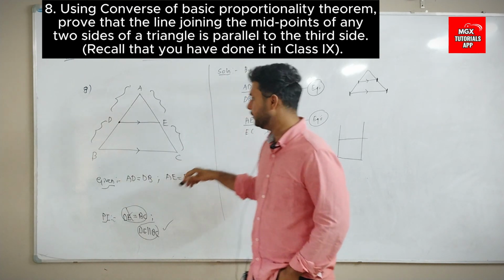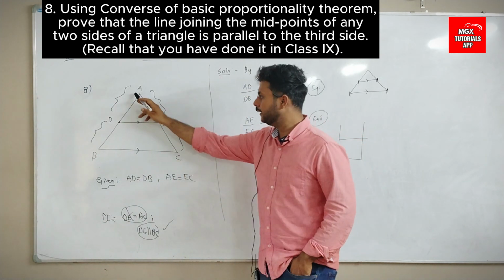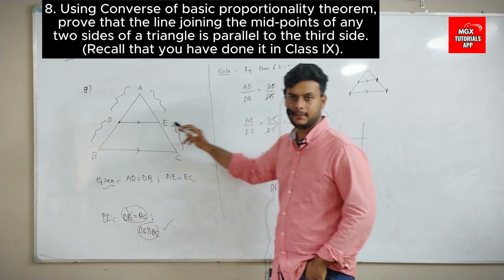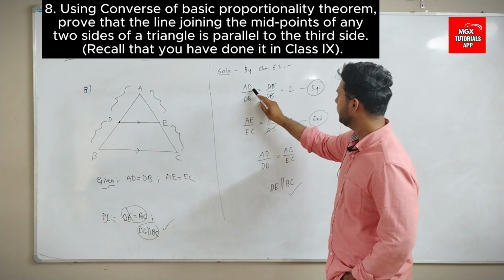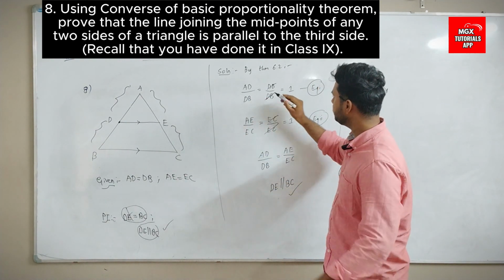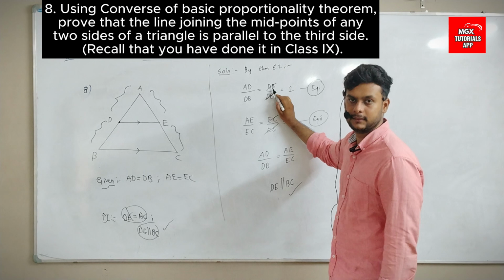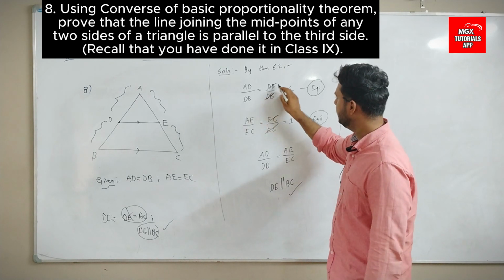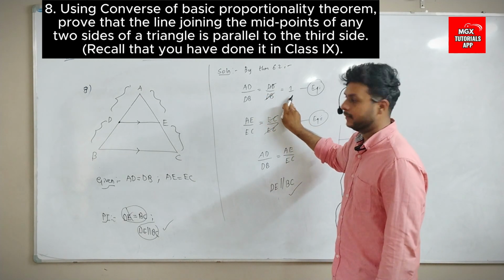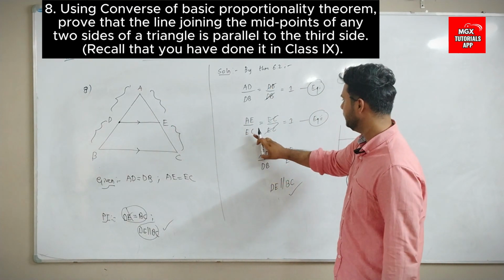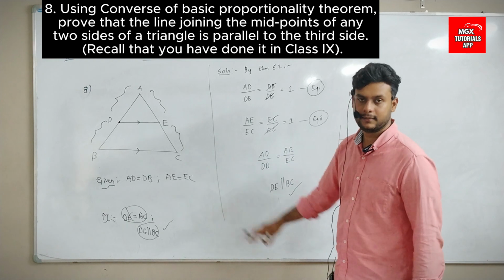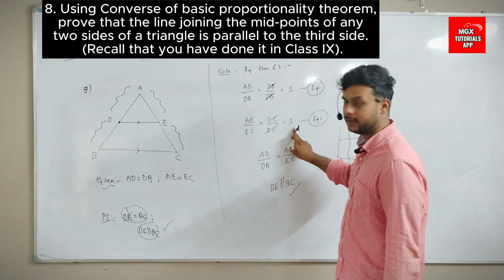Given? Okay, afterwards. AD by DB, if I take, AD means what? DB. So I have converted AD as DB here. DB by DB cancel, 1. Similarly, AE by EC I will do. AE means again EC. You can see there. EC cancel, again 1.